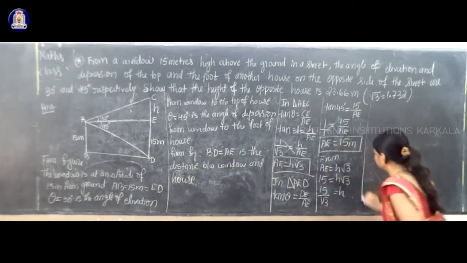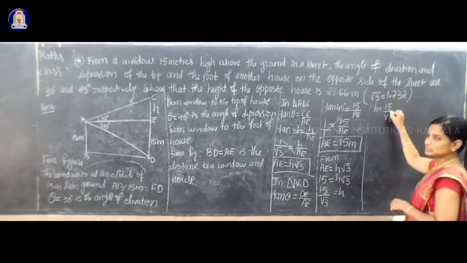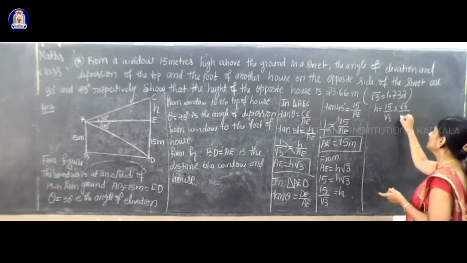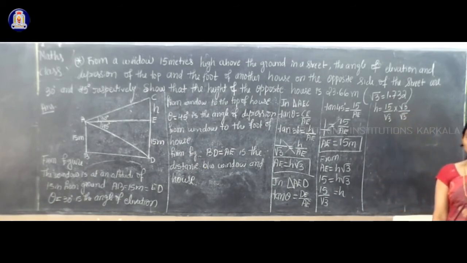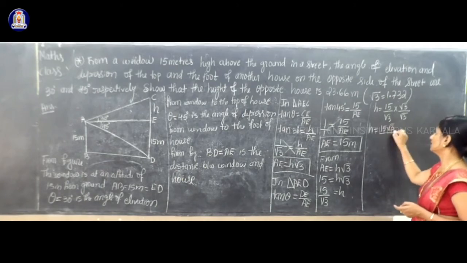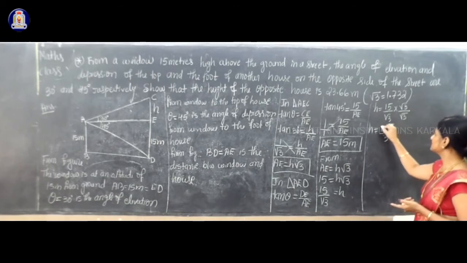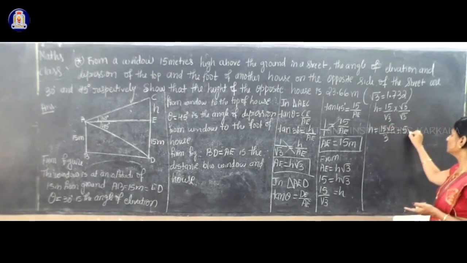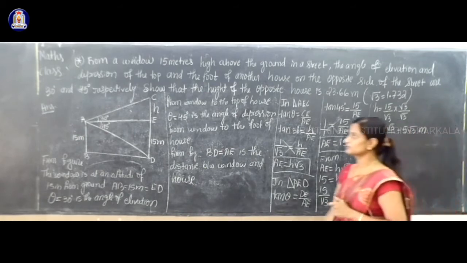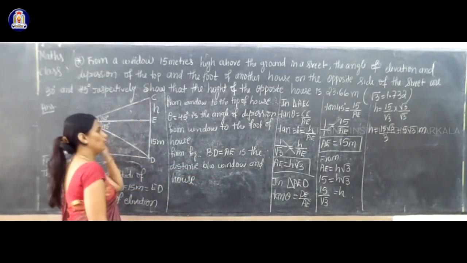Rationalize by multiplying by root 3 divided by root 3. So h is equal to 15 root 3 divided by root 3 into root 3, which is 3. 3 ones are 3, 3 fives are 15. So it is 5 root 3 meter. So h is 5 root 3 meter.